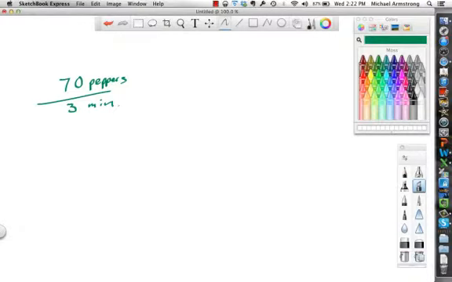That's going to be a little bit hard because 3 does not go into 70 equally. 3 goes into 30 equally, and then it goes into 60 equally, but it doesn't go into 70 equally, so we'd end up having a fraction. Your book doesn't ask you to simplify this down to a unit rate.